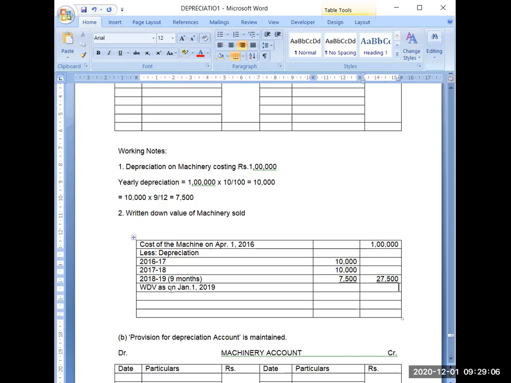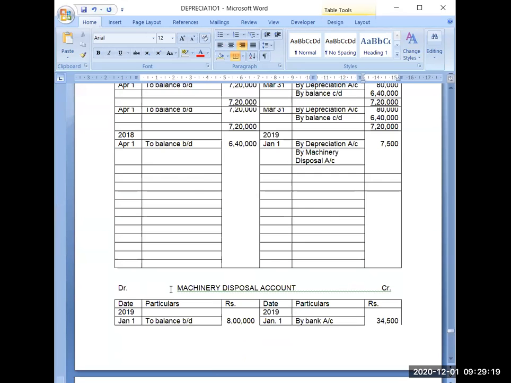It will become 72,500. This will be the written down value of this machinery which we have sold on January 1, 2019.